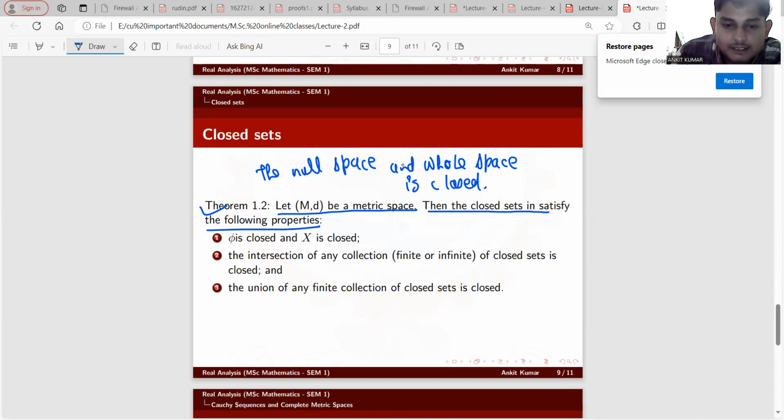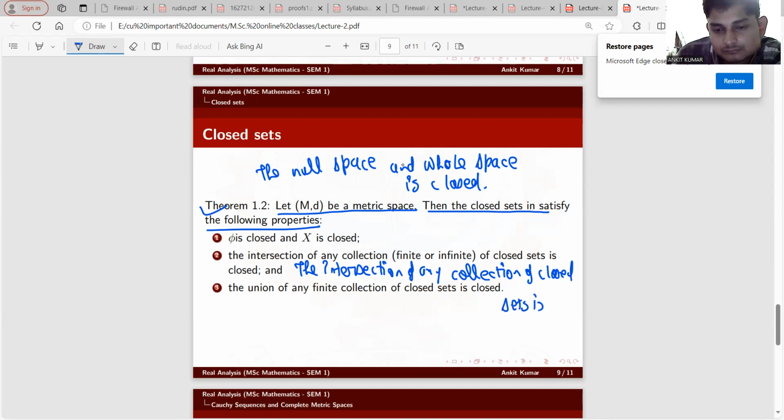The intersection of any collection of closed sets is closed. And the union of any finite collection of closed sets is closed.